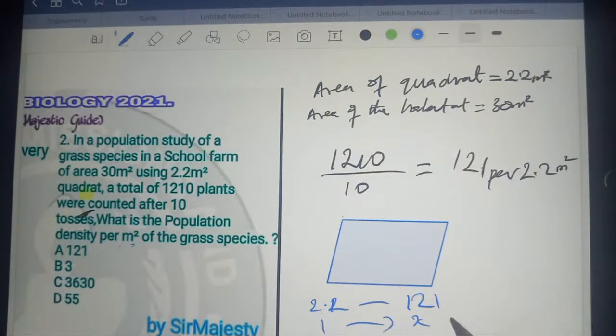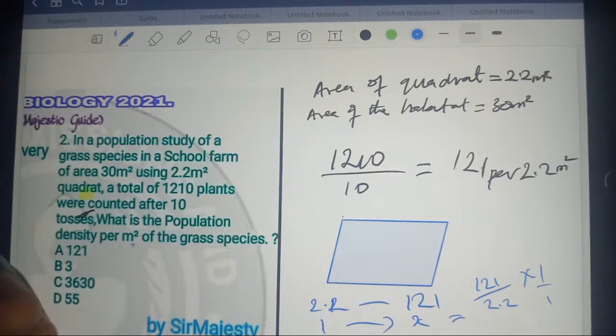At the end, what do we have? We have 121 over 2.2 times 1 over 1. So your final answer is going to be 121 over 2.2, and that will give us 121 divided by 2.2. Okay, so looking at the question, let me check well.